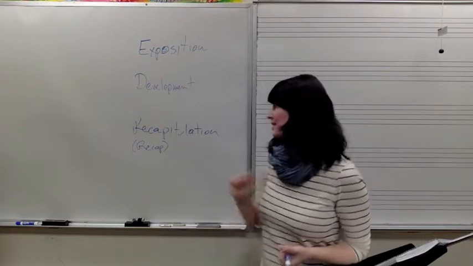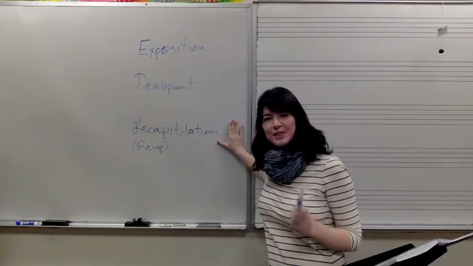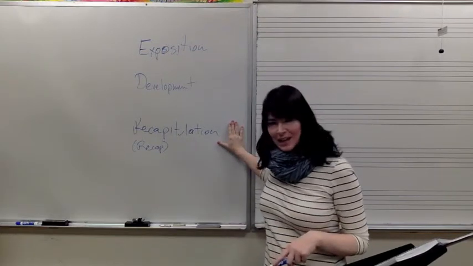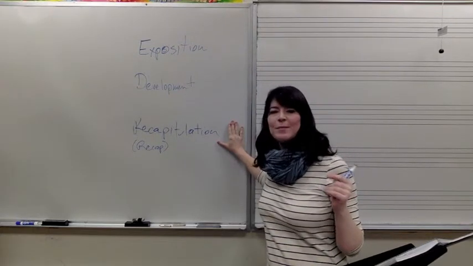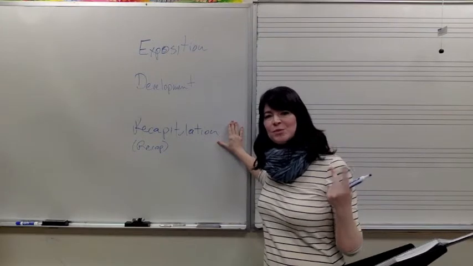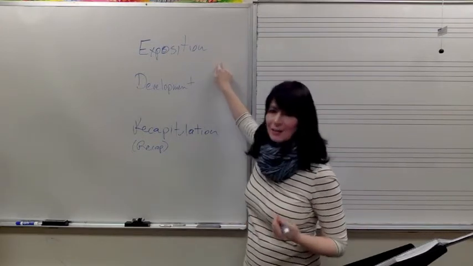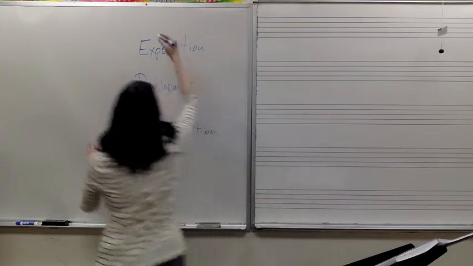Now, when I say they have nothing to do with each other, I will say that with sonatas, 99.999% of the time, their first movement and their last movement is in sonata form, all right? So this is sonata form.